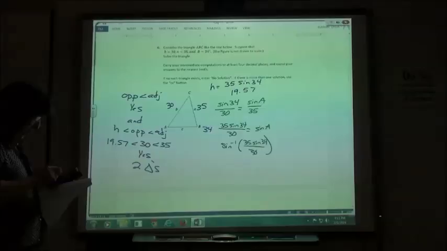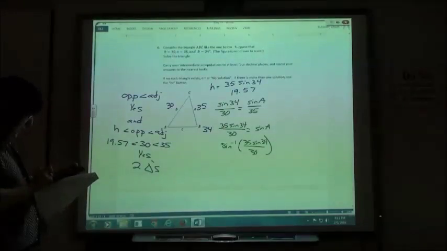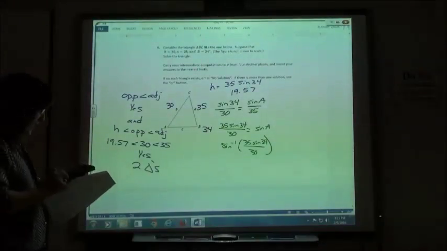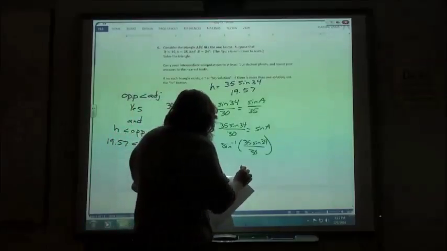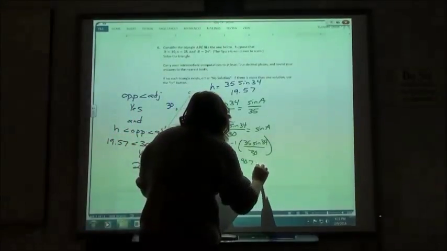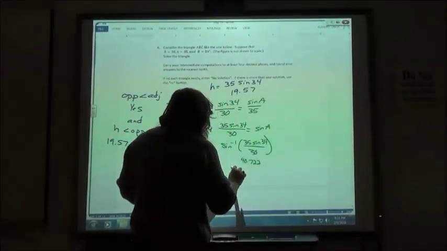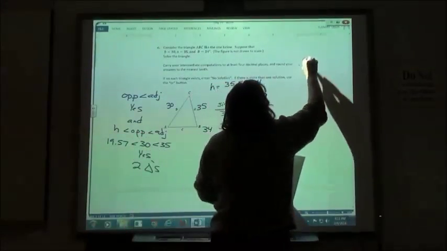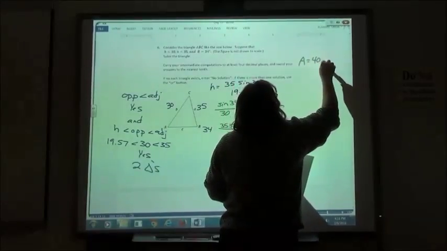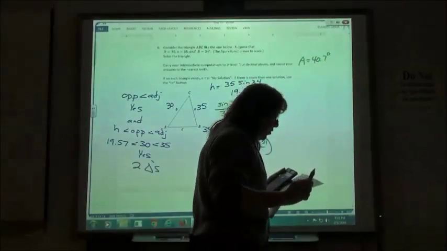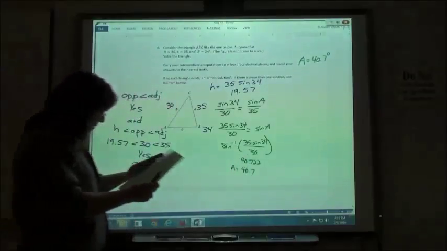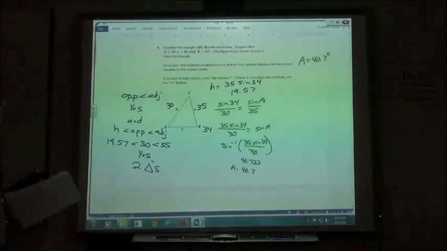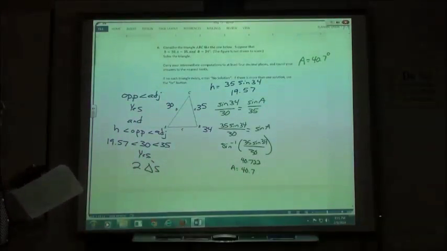So inverse sine, parentheses, 35 times the sine of 34 divided by 30, close my parentheses, gives me 40.722. So rounding that off, I would have 40.7. So A is going to equal 40.7 degrees. Now that's for one of my triangles if A is an acute angle.